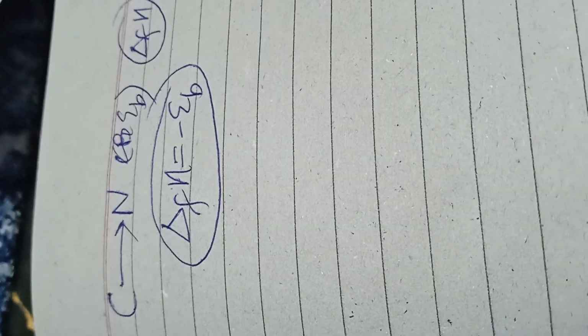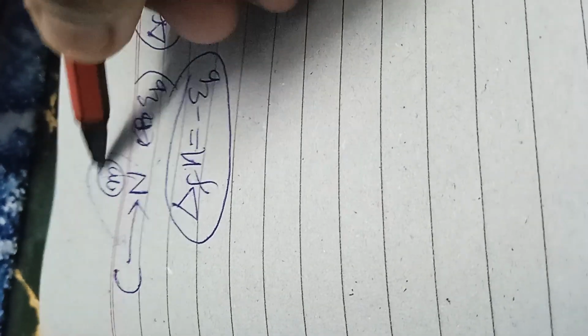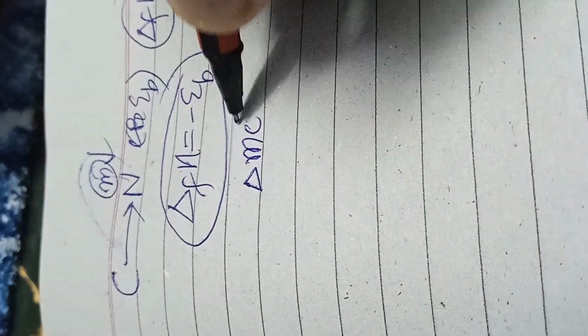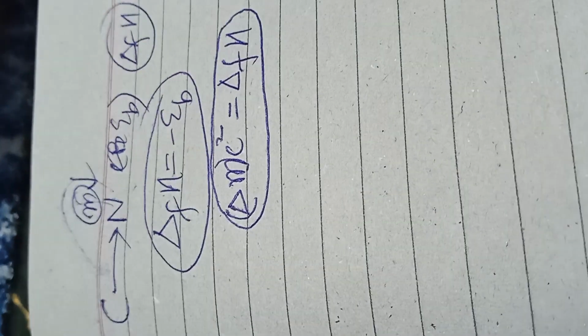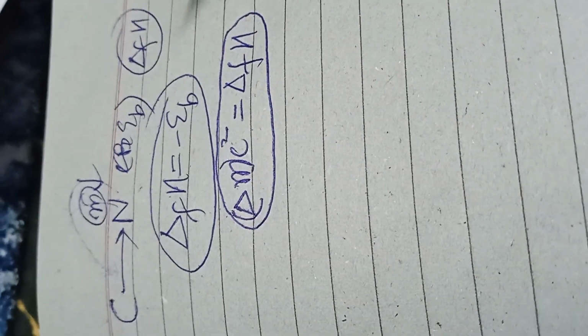And one more thing: when we look at the difference in mass terms, it is a nice thing to know that the mass of this is less, and that's why the reaction is spontaneous. Delta m c square is delta FH. How can we explain it that way?